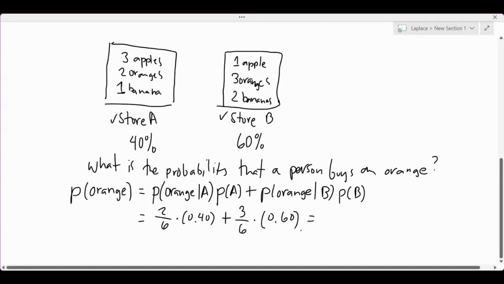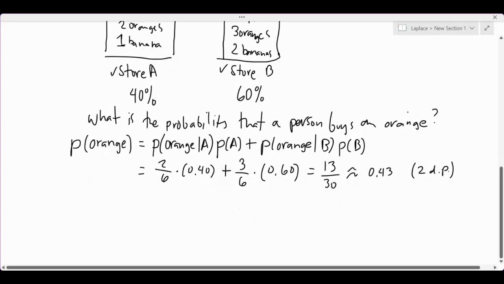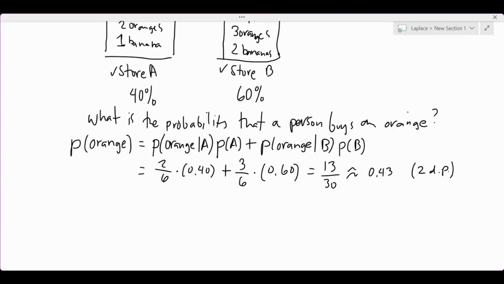And this will give us a fraction, which by using our calculator is 13 over 30. This is approximately equal to 0.43 rounded off to 2 decimal places. So this is the probability of a customer buying randomly an orange from either Store A or Store B.